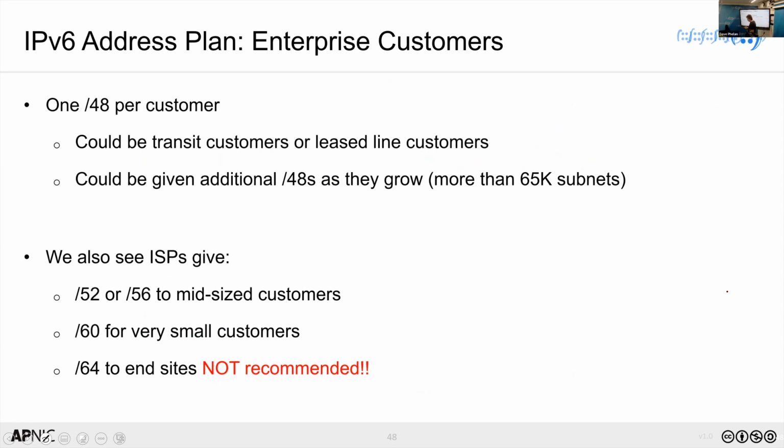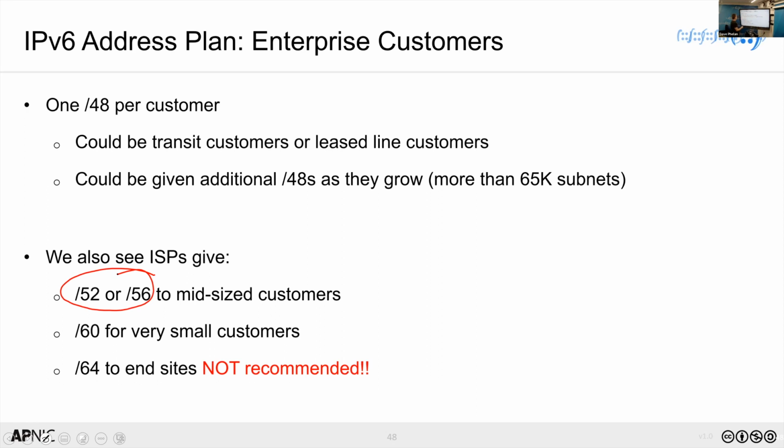A couple of larger networks that I'm aware of went away from doing this sort of allocation size, /52s and /56s, as they discovered on their routing platform that the number of sub-/48s being consumed in router memory was just ridiculous. Even on the same number of customers with /48s, it used less router memory.